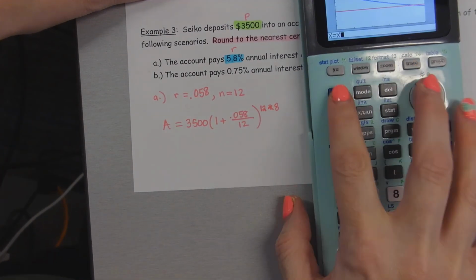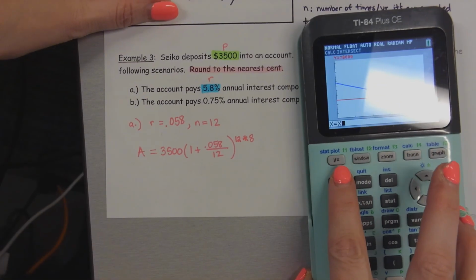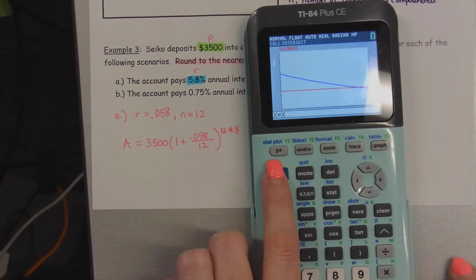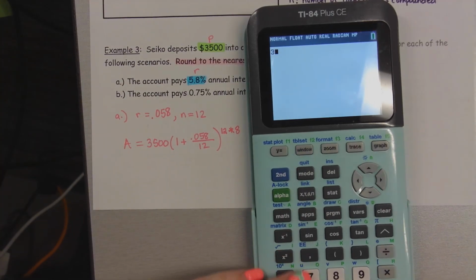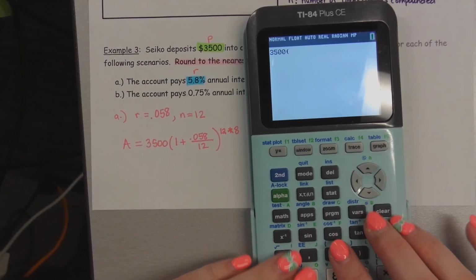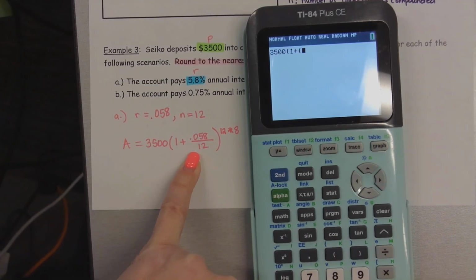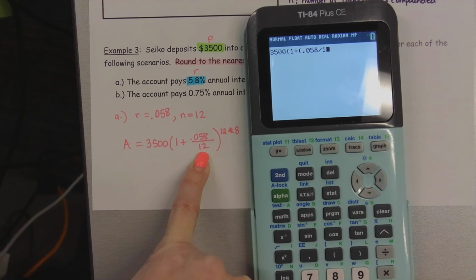Then I'll show you how to plug this whole thing into your calculator. You are going to need to try this to make sure you know how to plug it in correctly. You can do the 3,500, the 1 plus, and then some calculators need this in parentheses to show that you need to do that first.